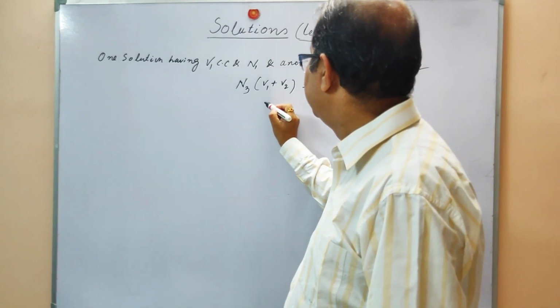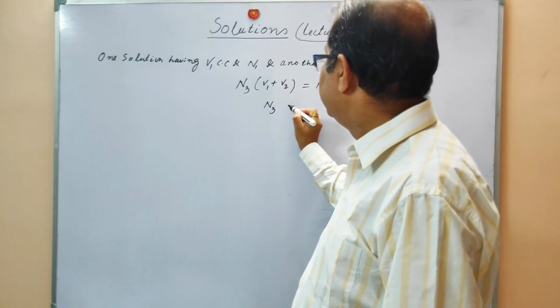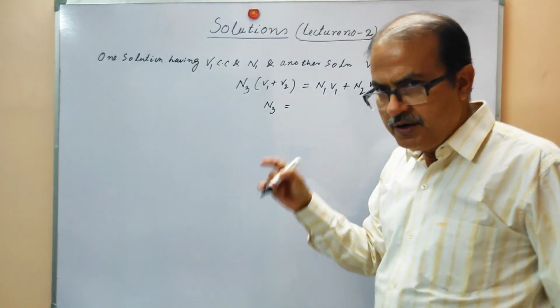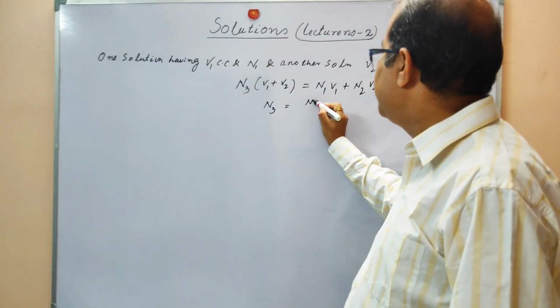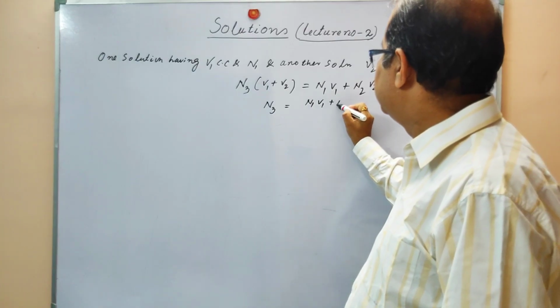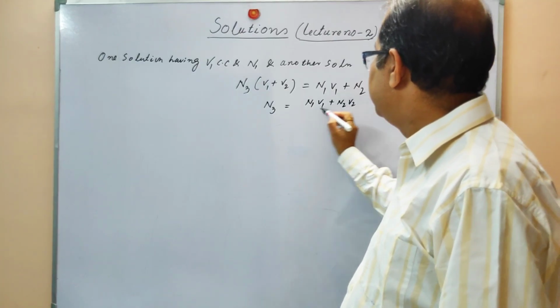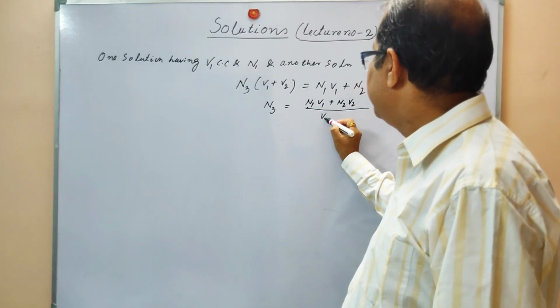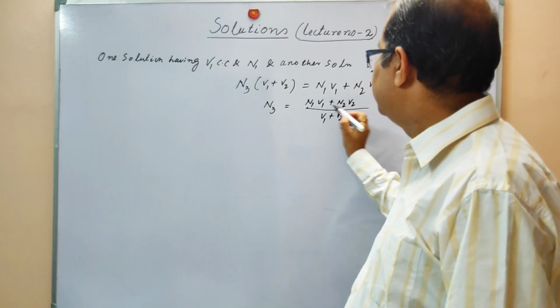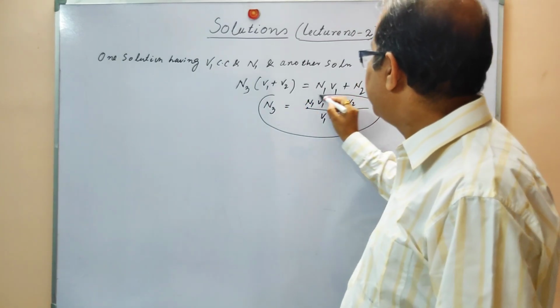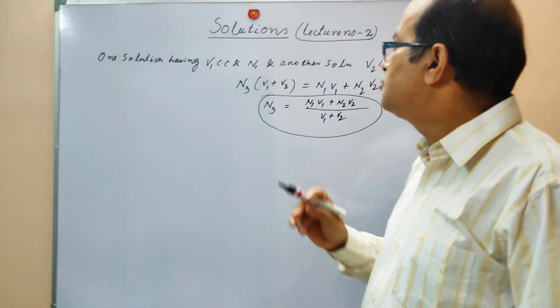That is, the resultant normality N3 of the resultant solution will be given by N1 B1 plus N2 B2 divided by B1 plus B2. And the same thing will be applicable for molarity also.